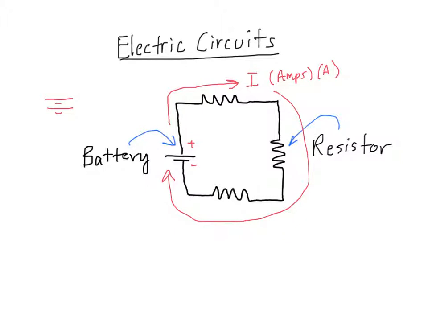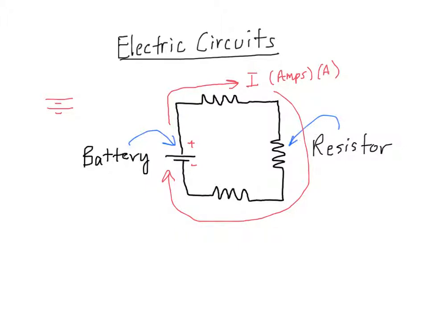All right, and it's going to pass through these squiggly elements, which are called resistors. A resistor is kind of like what it sounds like. It resists the flow of charge through it. So it's kind of like a constriction in a pipe. In fact, you can think of an electrical circuit as a piping system. The battery is like the pump that pumps the water through the pipes.